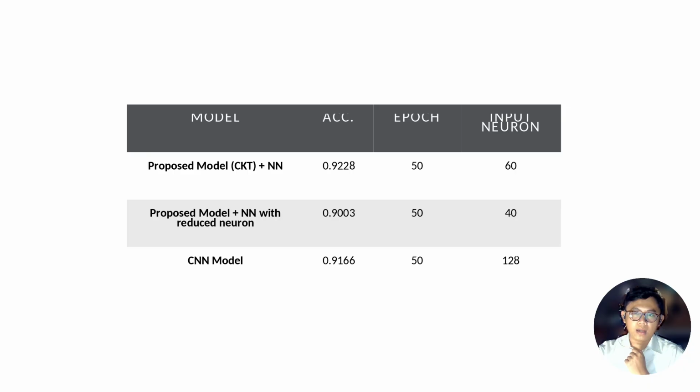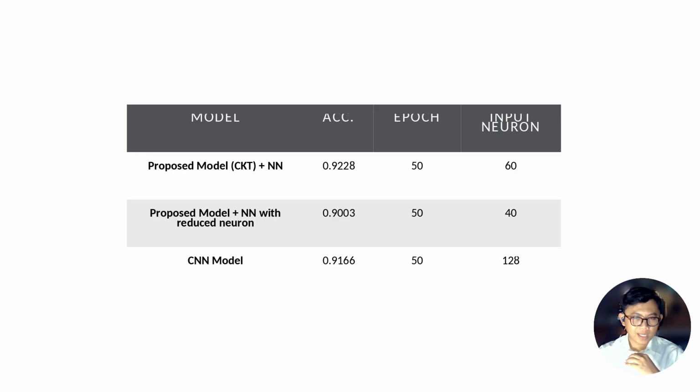And then we also see the input neuron size. The input neuron size is 60, because we have 20 in the x coordinate, 20 in the y coordinate, and 20 in the z coordinate. If we sum all the coordinates, we have 60.